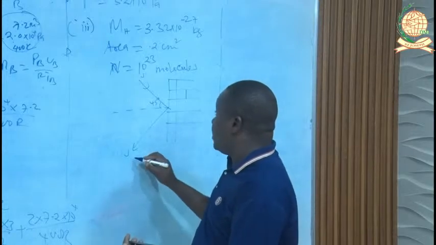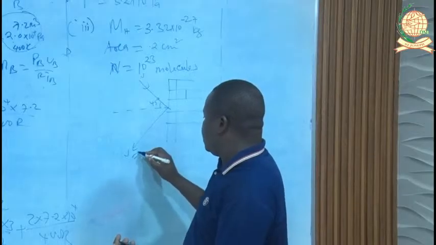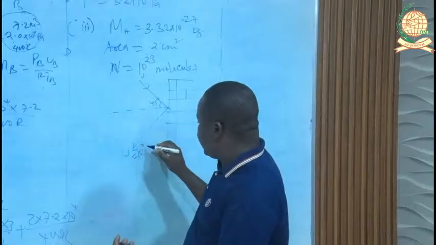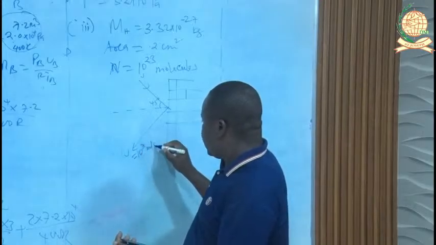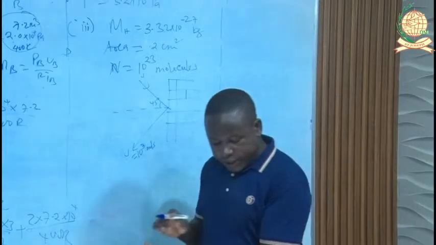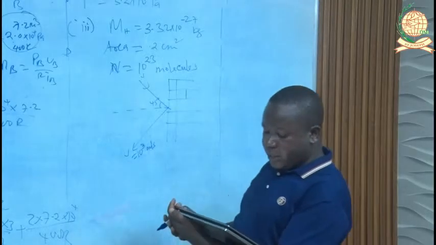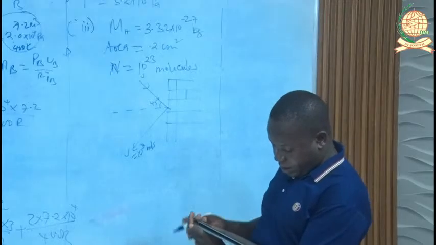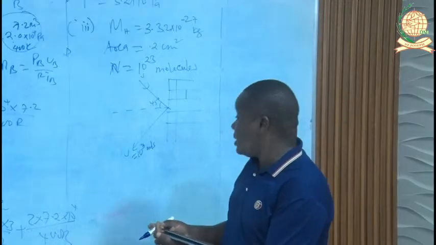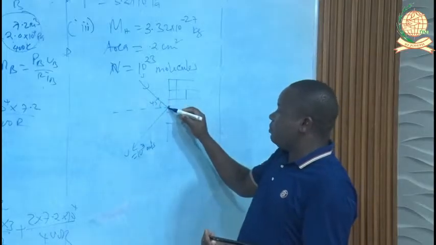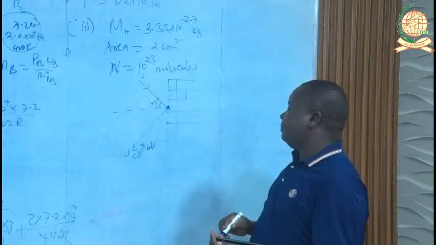I've been given the speed as 10 exponent 3 meter per second. Calculate the pressure exerted on the wall. What will be the pressure here?